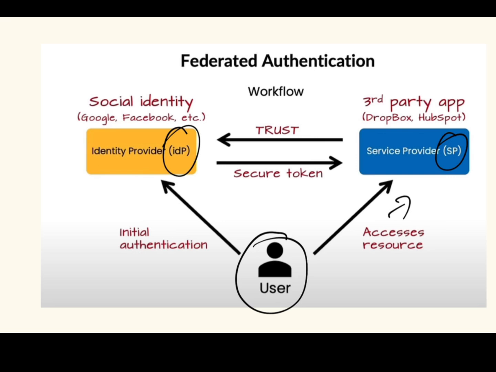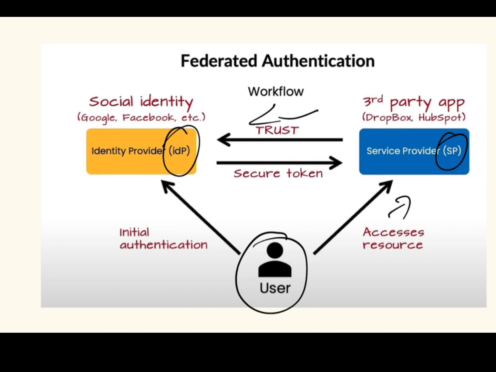The IDP creates a secure token, for example SAML or OIDC, providing the user identity, and the token is passed to the SP. The service provider trusts the IDP, and that secure token is passed to the service provider. So access is then granted. The SP trusts the token and lets the user in without needing to create a new account.